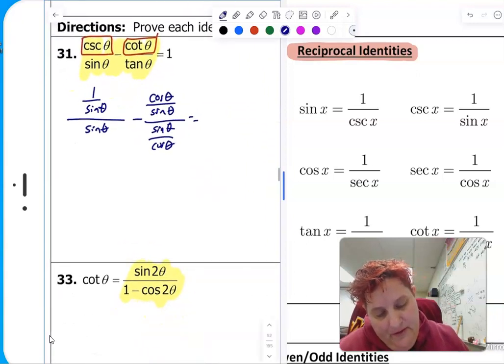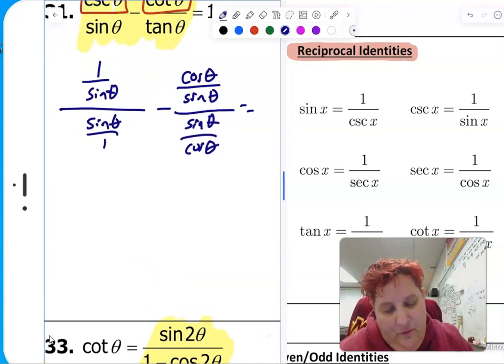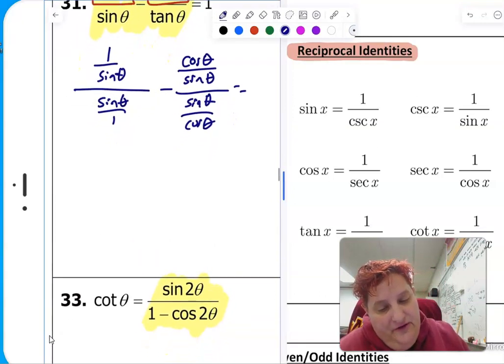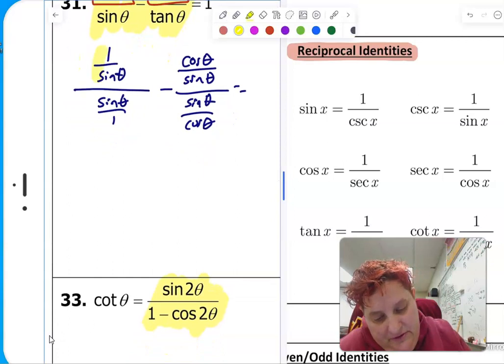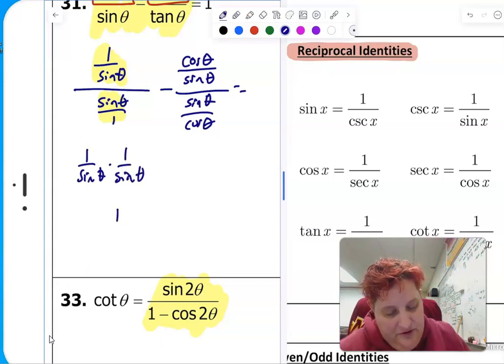Okay? Now I can see that I have fractions upon fractions. So what I'm going to do, I'm going to put that over 1, and I'm going to keep change flip, right? So let's start with this one. That stays the same, and then I multiply by the reciprocal. So it's 1 over sine times 1 over sine. So it's 1 over sine squared.